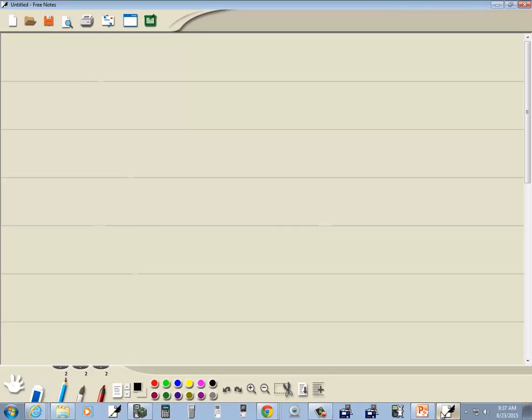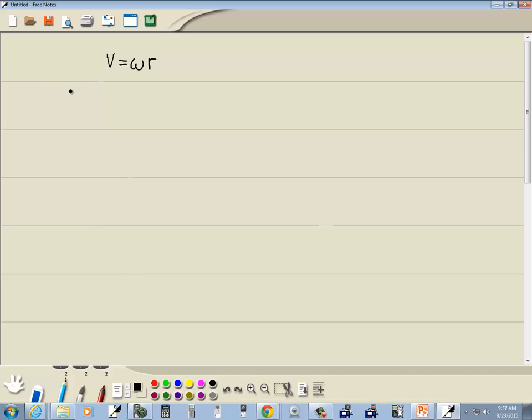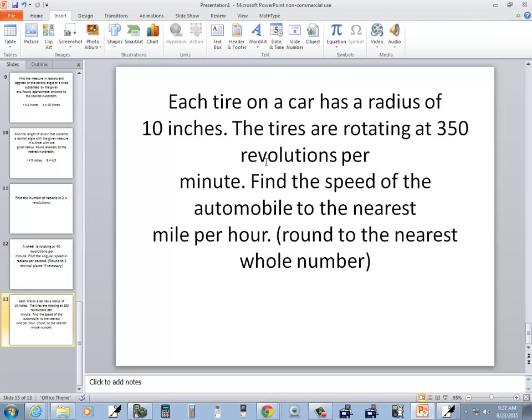Okay. Now our formula for linear speed is we take angular speed times r. Well, what are they giving us? 350 revolutions per minute, so that's 350 revolutions over 1 minute, times r, which was 10 inches.